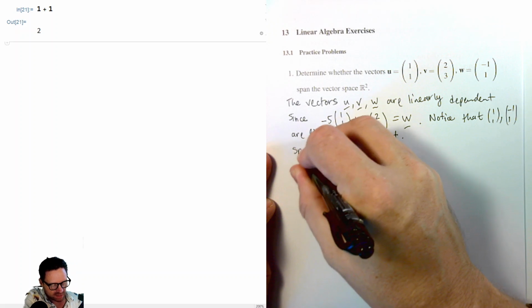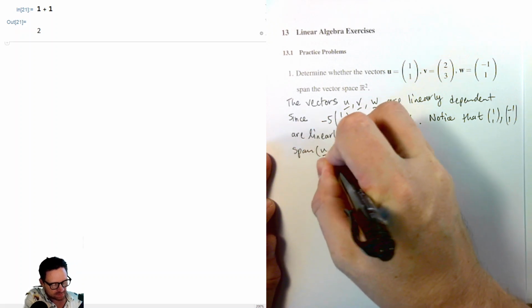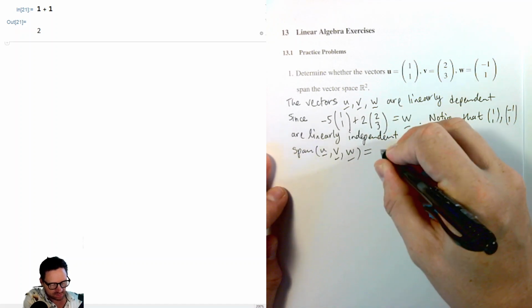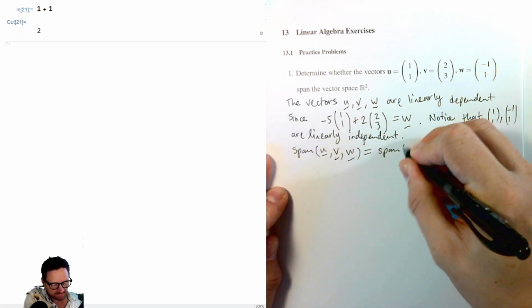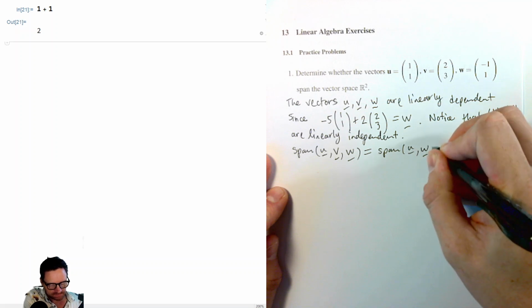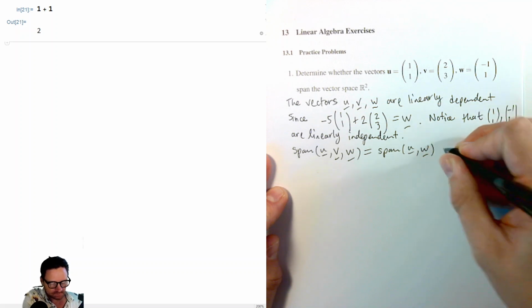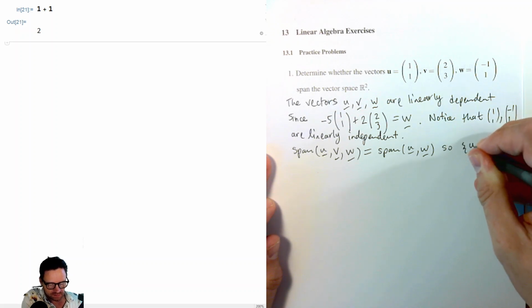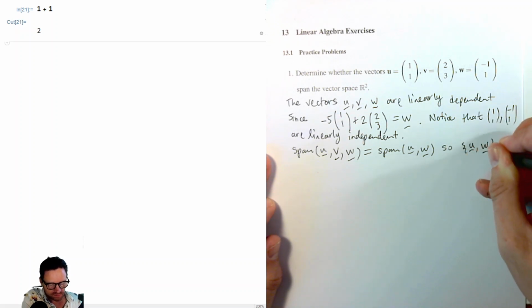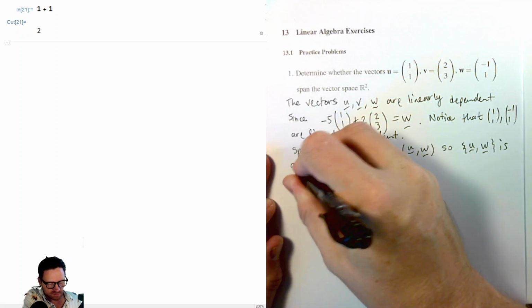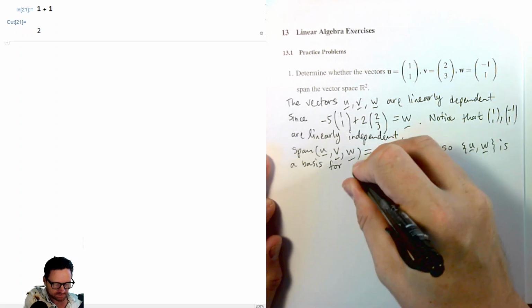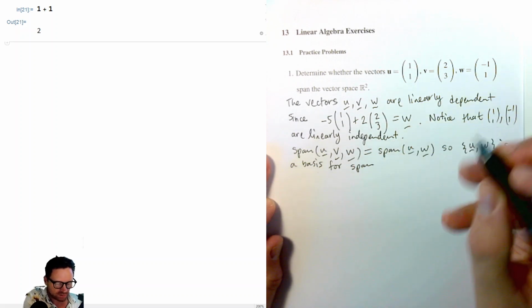And we have span u, v, w equal to span of u and w. So u and w is a basis for the span of u, v, and w.